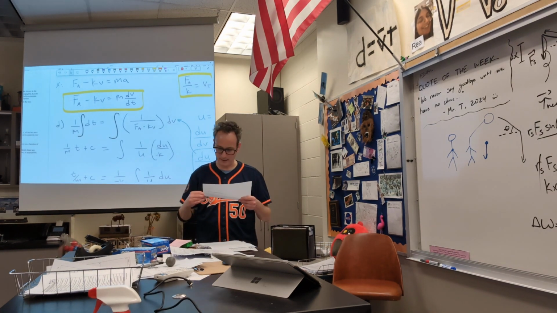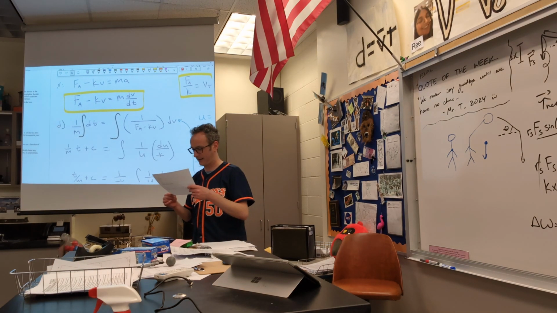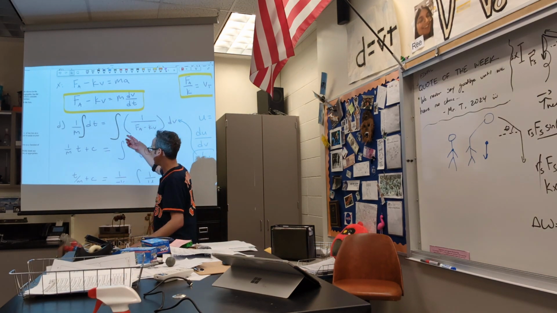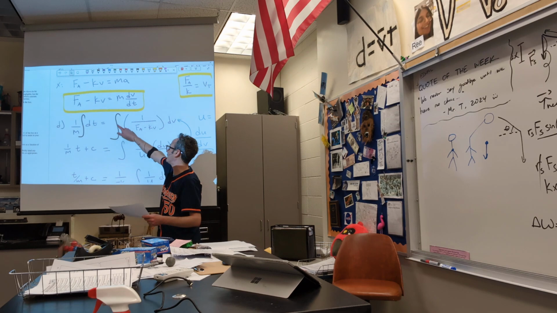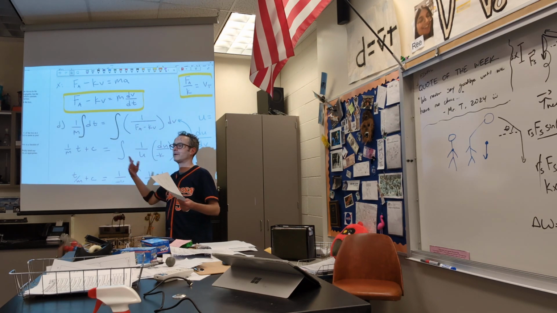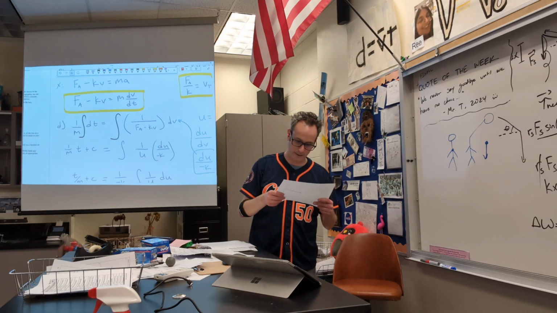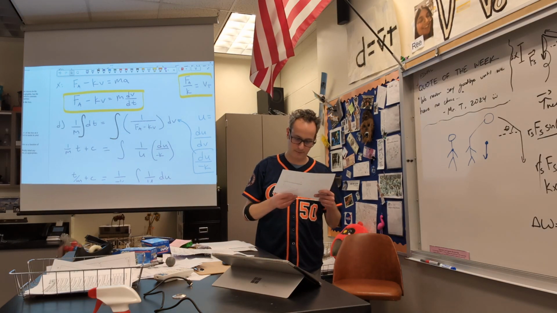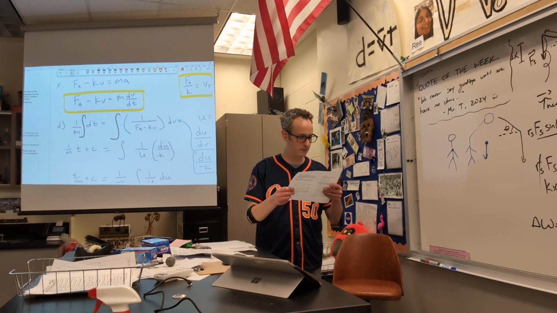Next point, for demonstrating substitution using initial and final values or evaluating a constant of integration using bounding conditions. I did that back there. For this thing, they put in the limits of integration. They got the points there. I got the point later on. So that's 3 points.